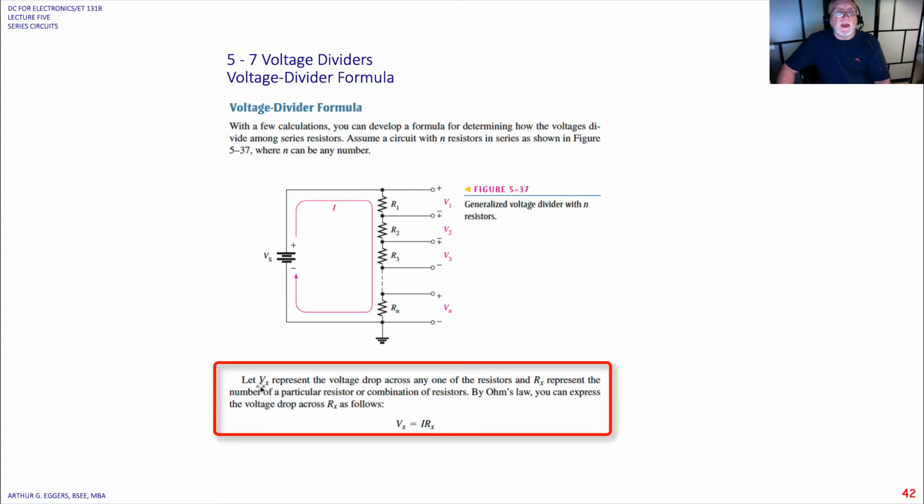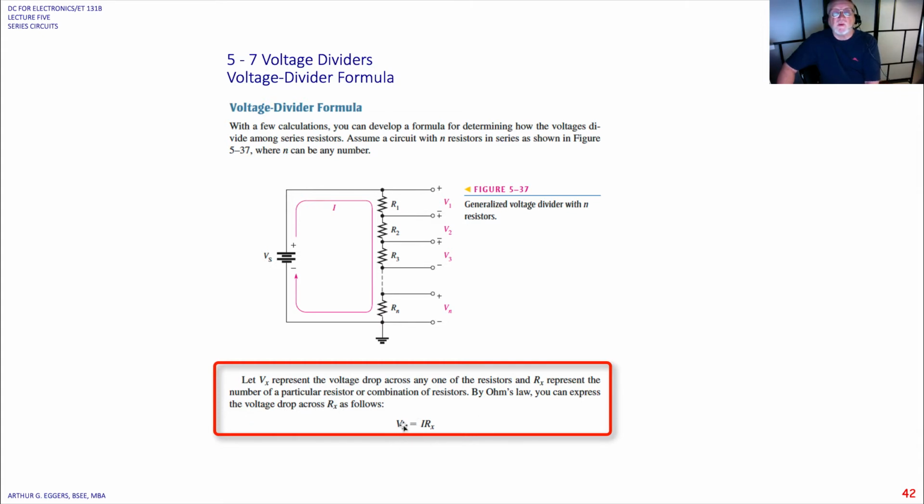So if we let Vx represent the voltage drop across any one of the resistors, and Rx represent the number of a particular resistor or combination of resistors, by Ohm's law you can express the voltage drop across Rx as follows.